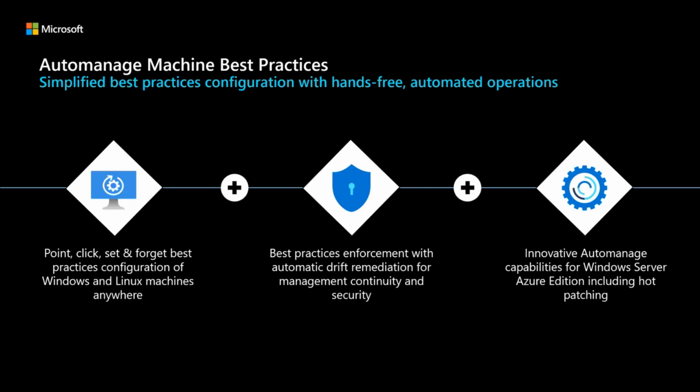And again, it supports Azure native VMs and Arc enabled servers with some caveats that we'll get into here. It also supports both Windows and Linux distributions. So again, the intent is really to simplify your operations for the entire life cycle of your machines.